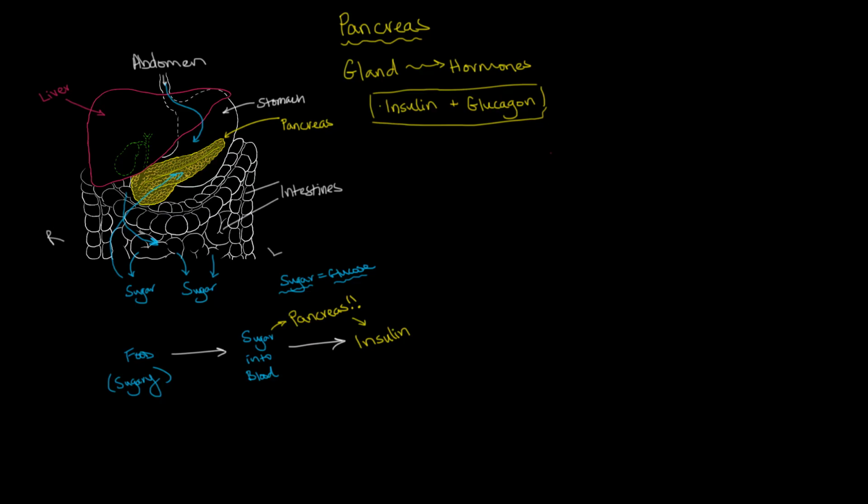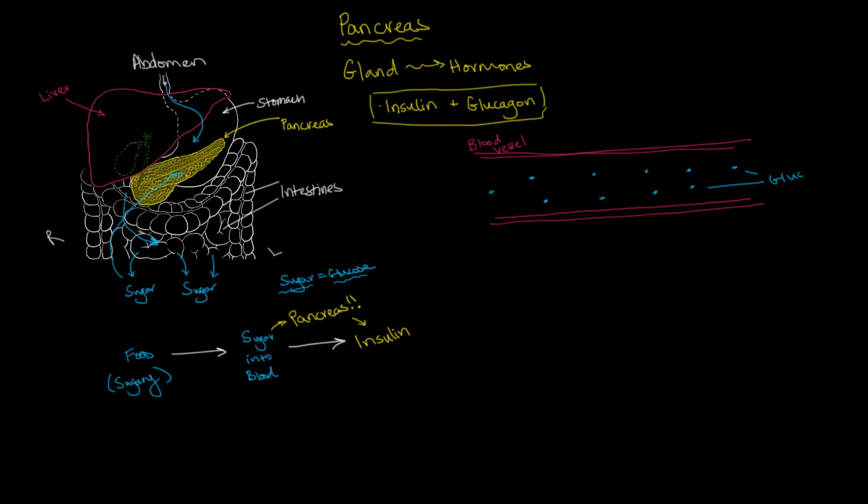Okay, so what does insulin do? If we imagine we have a blood vessel here, these are the walls of the blood vessel. And floating around in your blood is this new increase in blood glucose. In blue, this is glucose. And on the walls of these blood vessels, and in fact most cells of the body, you have these little receptors.